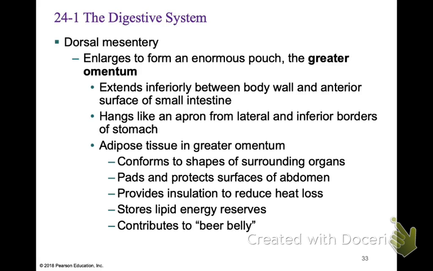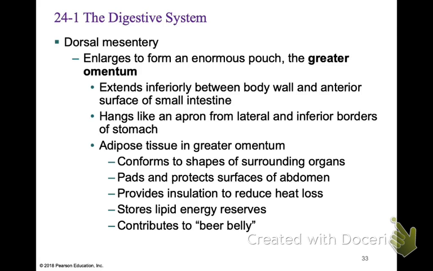It folds down and folds back up and connects to the transverse intestine, or transverse colon, and to the greater curvature of the stomach. And that's your beer belly. That's where fat can accumulate as lipid reserves.